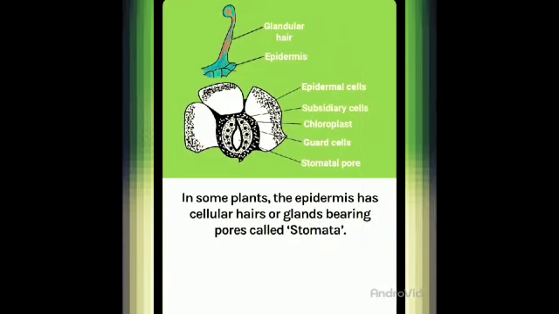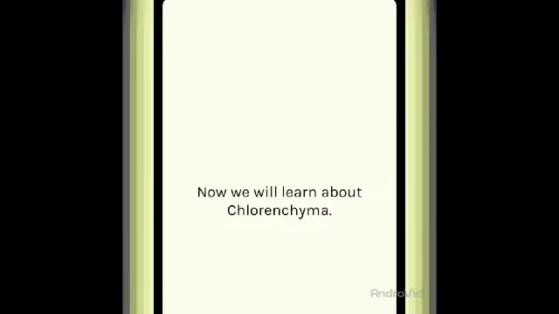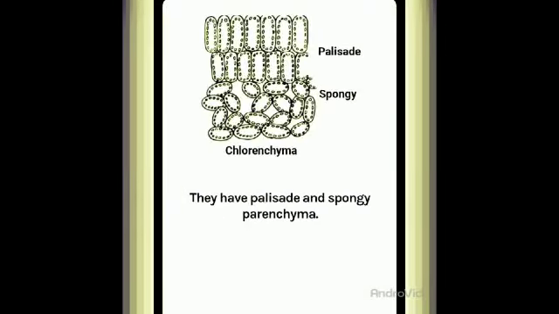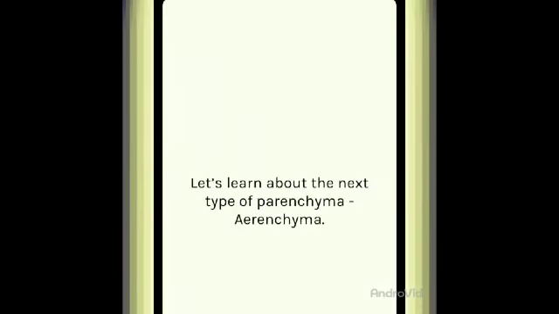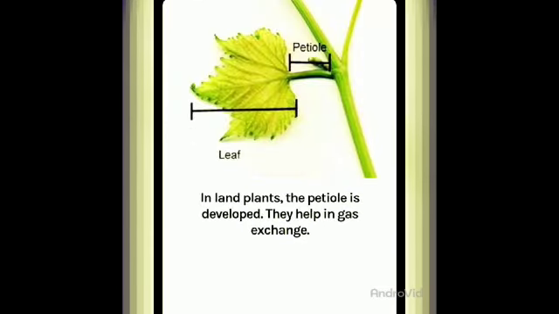The epidermal structures are some cellular hairs or glands bearing pores, right? Then you have seen the chlorenchymatous type of parenchyma, in which you have seen the spongy and the palisade type of parenchyma, and the speciality is they bear chloroplast. Then you have seen the aerenchyma. This is basically found in the aquatic type of plants.